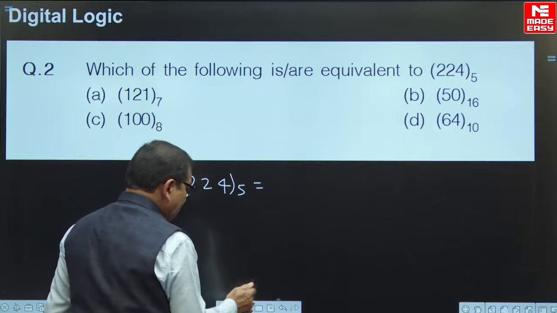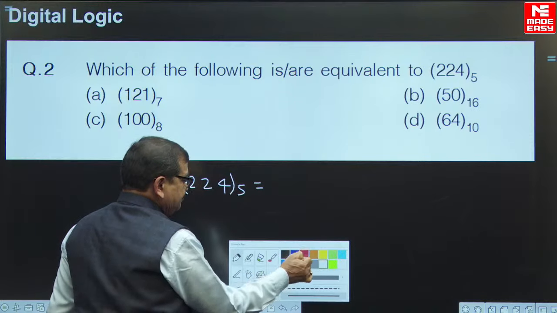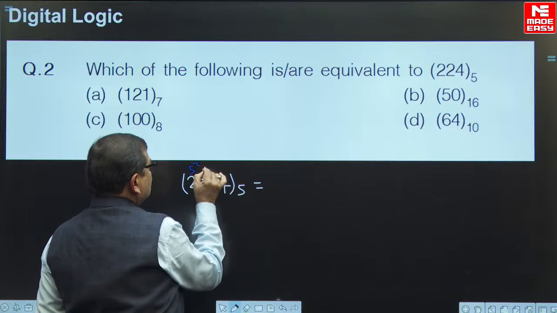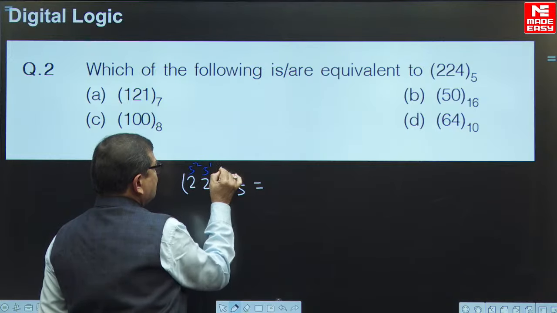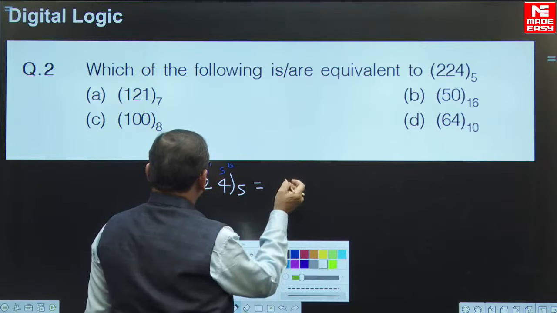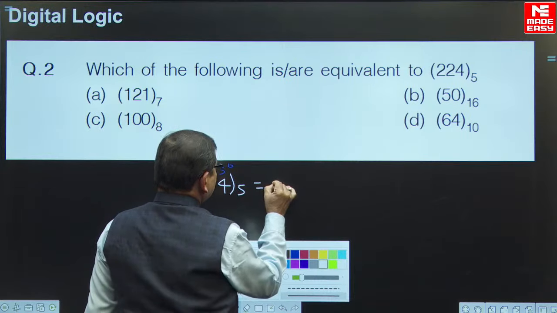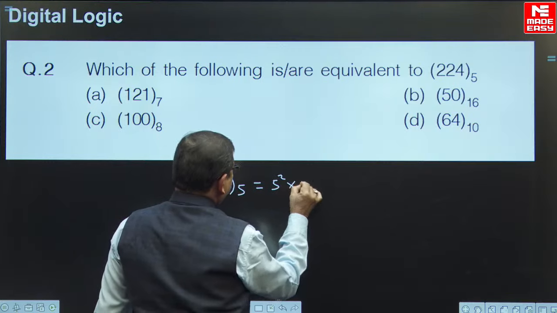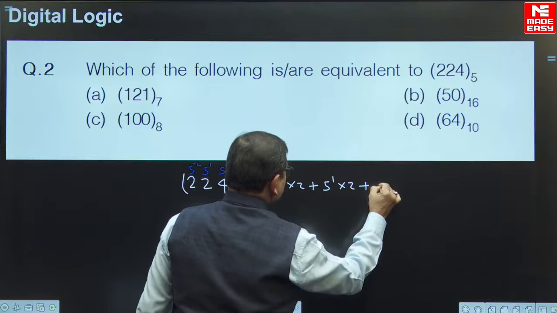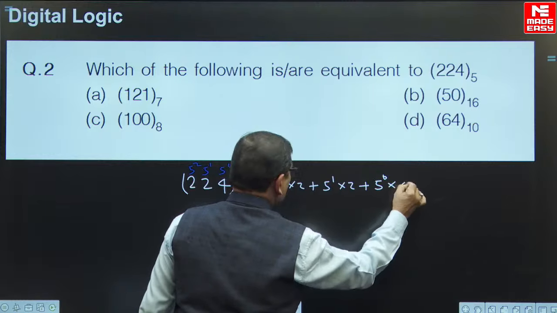All of you know the number system well. Here, it is 5 to the power of 2, 5 to the power of 1, 5 to the power of 0. Based on this, it is 5 squared into 2 plus 5 to the power of 1 into 2 plus 5 to the power of 0 into 4.